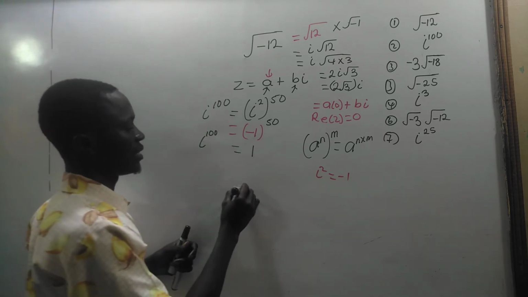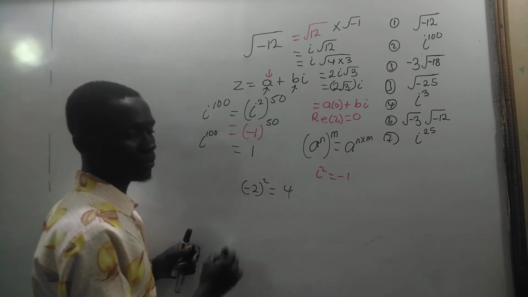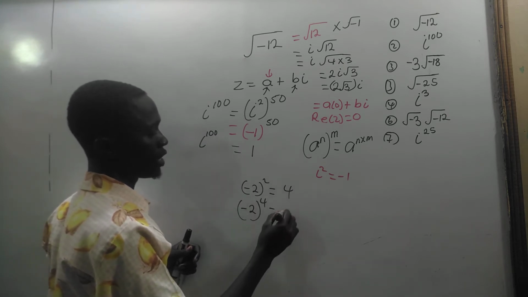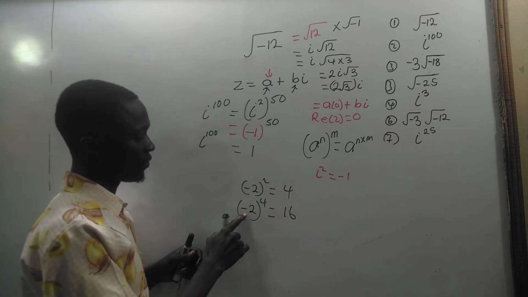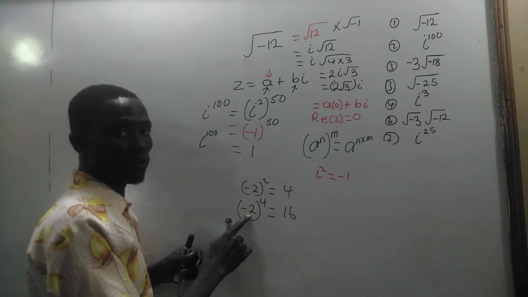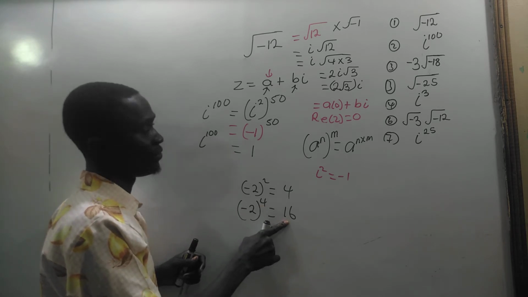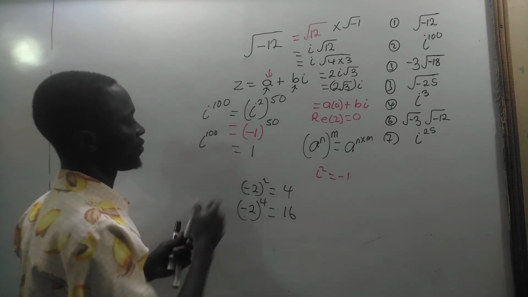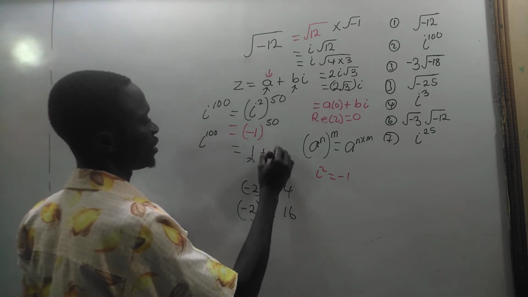Let's check it and see. If I have negative 2 squared, I'll get positive 4. If I have negative 2 to the power 4, I'll get positive 16. So if you have a negative number raised to the power of an even number, you get a positive number. Very simple as that. So here we only have the real part plus 0i.